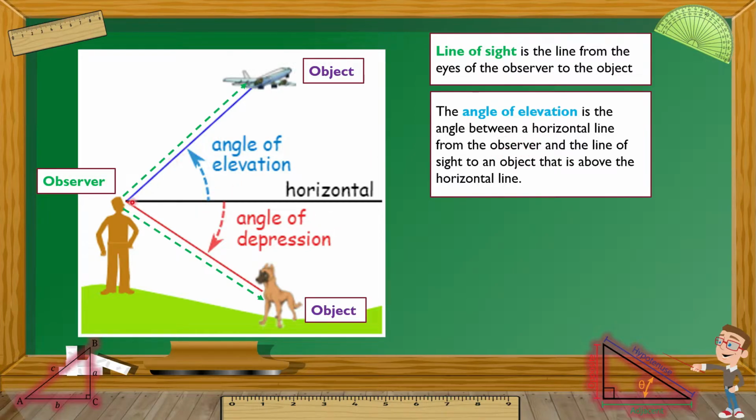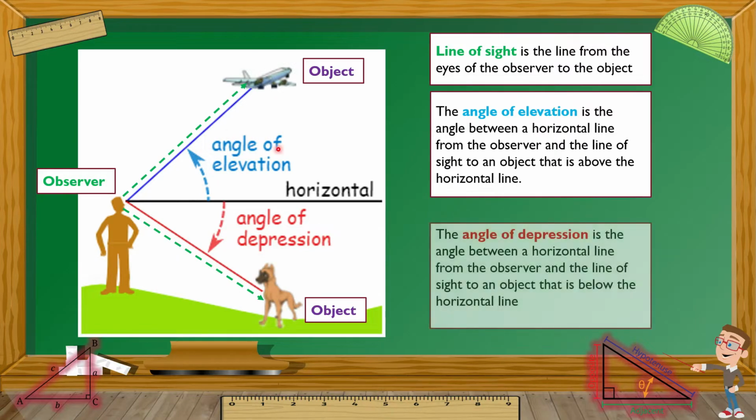So, ito yung horizontal line natin, di ba? Tapos yung line of sight niya, tumingin siya sa taas, tinignan niya yung airplano, then may mabubuo tayong angle dito. Ang tawag natin dyan ay angle of elevation. Okay, so yan yung definition niya, di ba? Is the angle between a horizontal line from the observer and the line of sight to an object that is above the horizontal line. So, yan yung ibig sabihin ng angle of elevation.